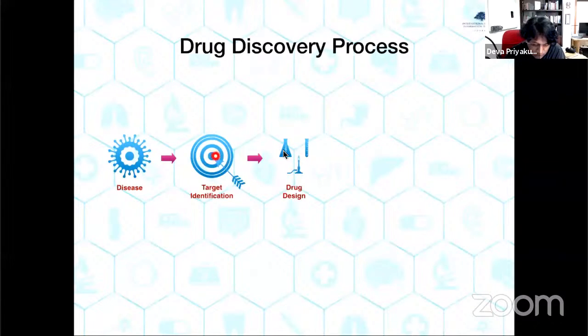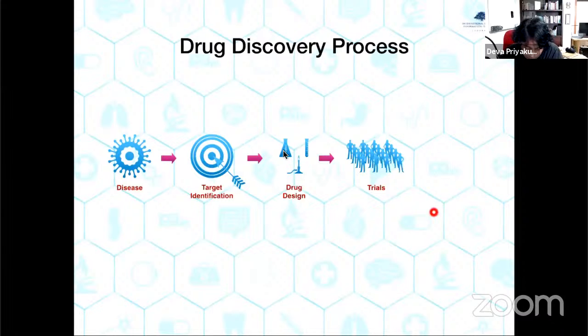And then once we are convinced that we have a molecule that actually can bind to this target and hence can treat this disease, we go for what are called clinical trials, right? So it's several phases of clinical trials, and then we test it on human beings, volunteers, and based on the results, the regulatory agencies will decide whether the drug is safe and it actually works, and then it is marketed.